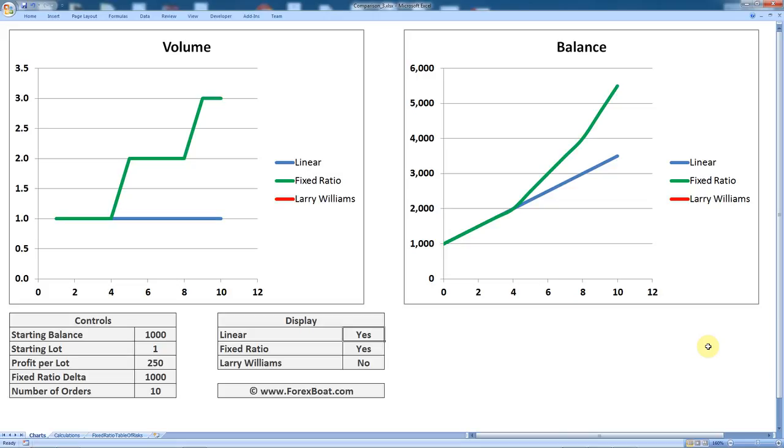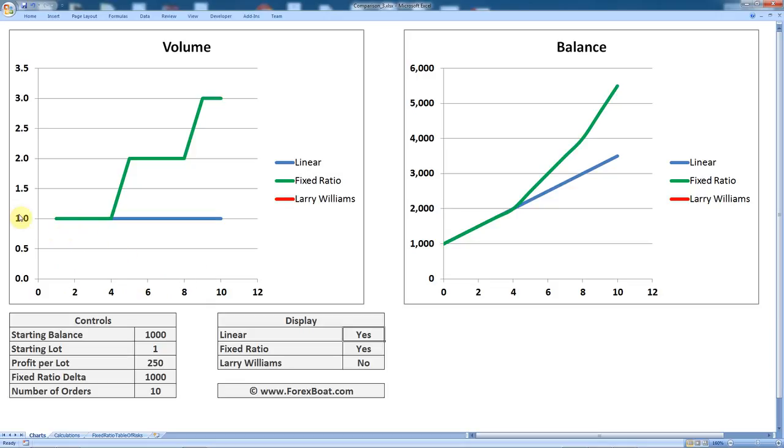On the first tab right away in front of you, you can see two main charts, the volume chart and the balance chart. And then at the bottom we've got some controls. So let's start with the volume chart. The volume chart tells you how you should be changing the volume of your transactions based on the transaction number. So with each consecutive transaction, how is the volume growing?